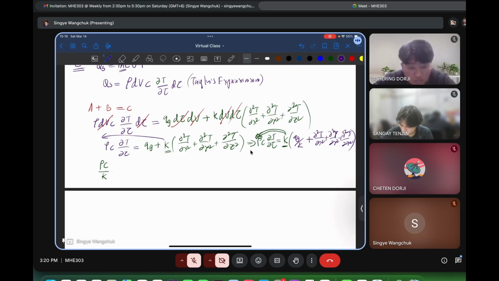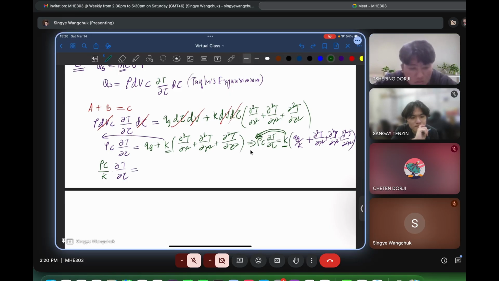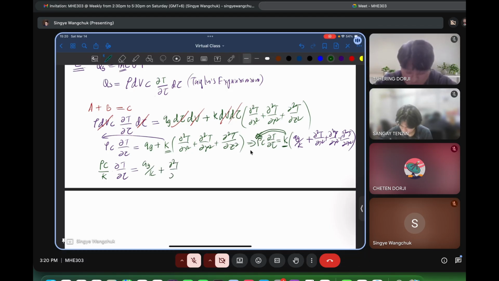What did you get? ∂T/∂τ equals Qg by k plus ∂²T/∂x² plus ∂²T/∂y² plus ∂²T/∂z².